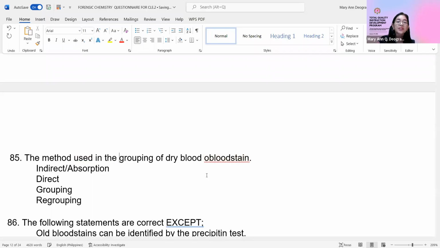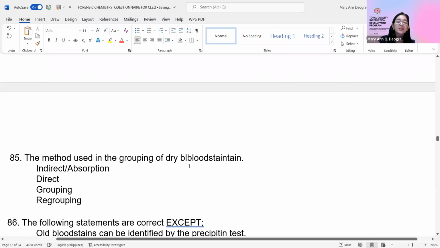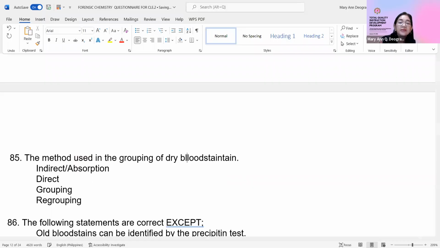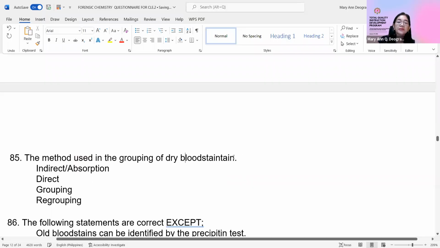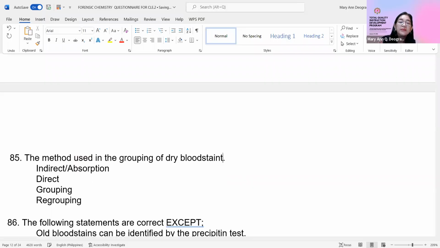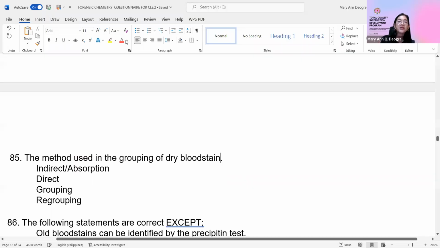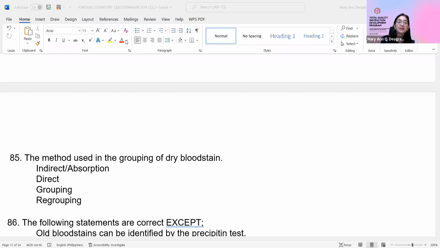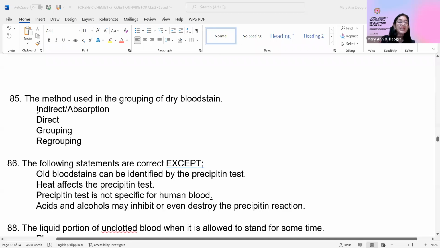Is it indirect, direct, grouping, regrouping? Okay, the indirect method, nabanggit ko rin kanina to. So if it's a blood stain, you have to use the indirect or the absorption elution technique.